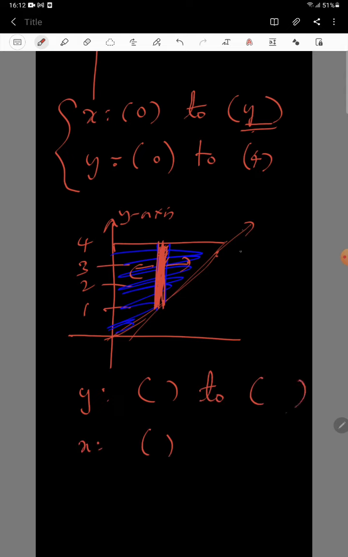Now this line is nothing but y equals x, so x equals y or y equals x. Now the starting point is different, you see. A is the starting point, B is the ending point.